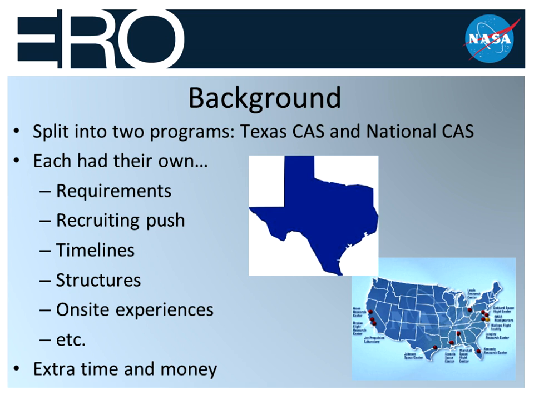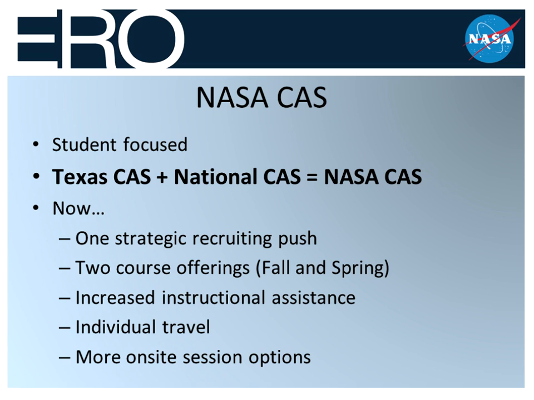And even if we look at this list of differences, you can probably guess that it costs a lot of extra time and money to run two very similar things but very differently. So we needed to figure out a way that we could bring back some efficiency and save some of that money so that we could focus it directly on the students. So if you can go to the next slide.